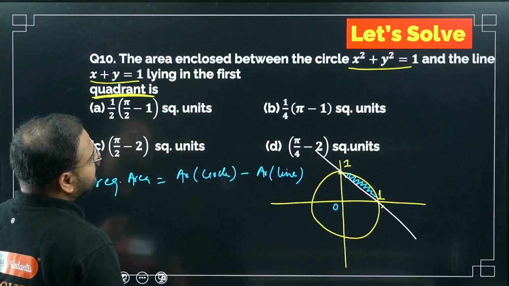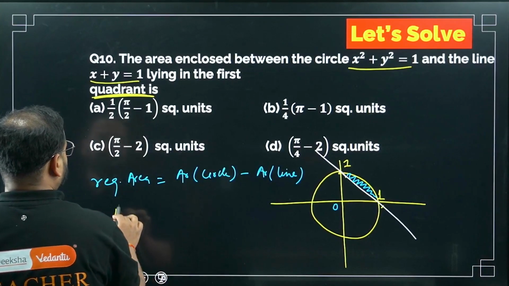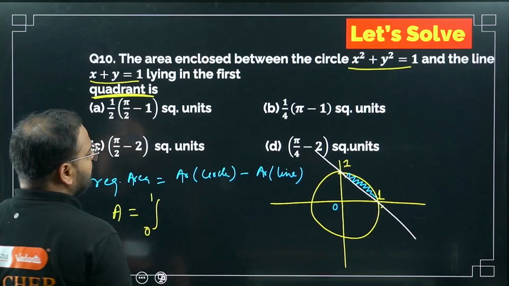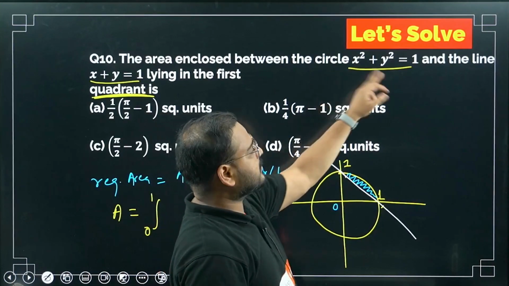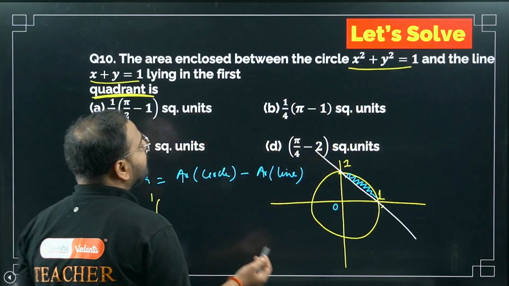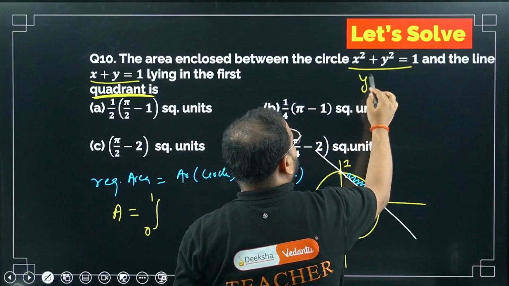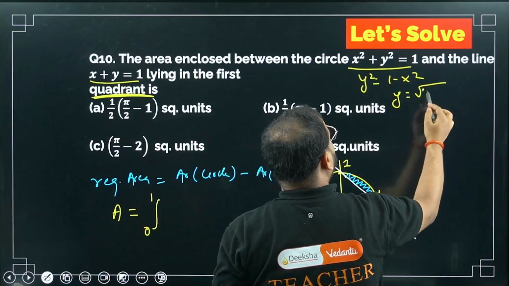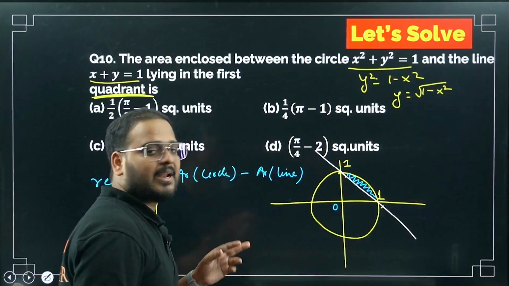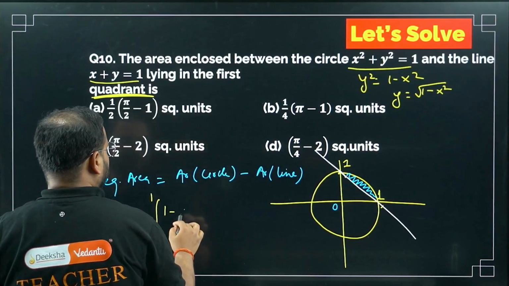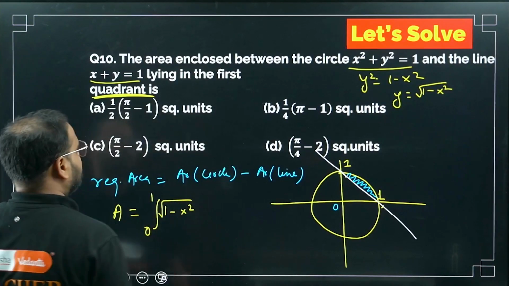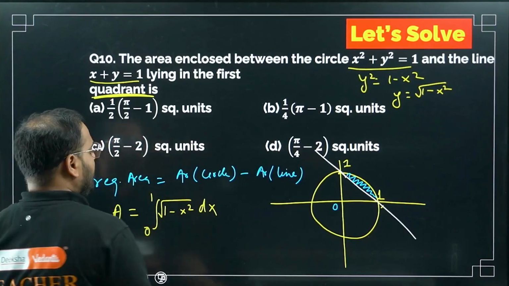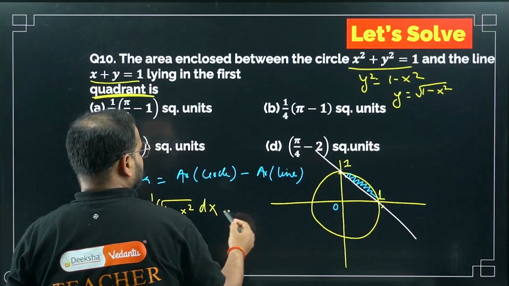So how will I write this integration? Please check. My area A will become the integration from 0 to 1. For the circle, I take x square on the other side and then take the root. y square equals 1 minus x square, so y equals root of 1 minus x square, with dx. Then I have to do the subtraction, so minus for the line.